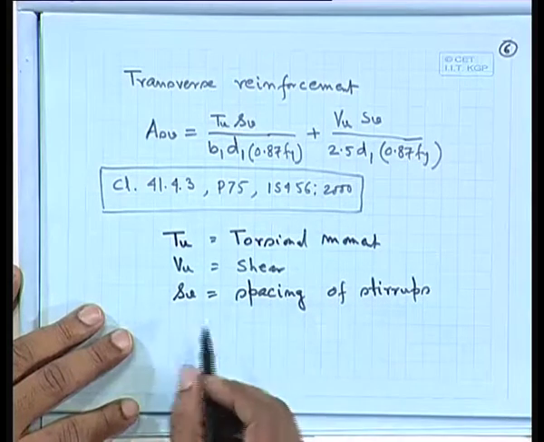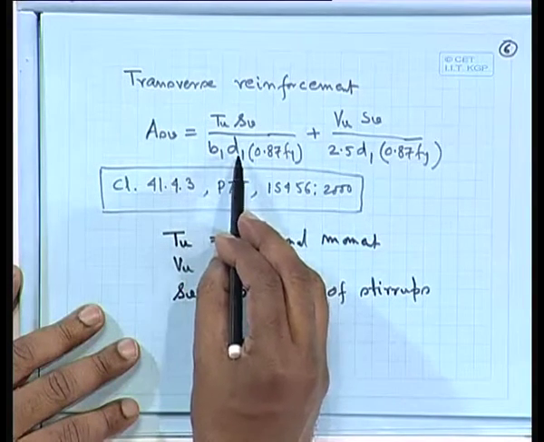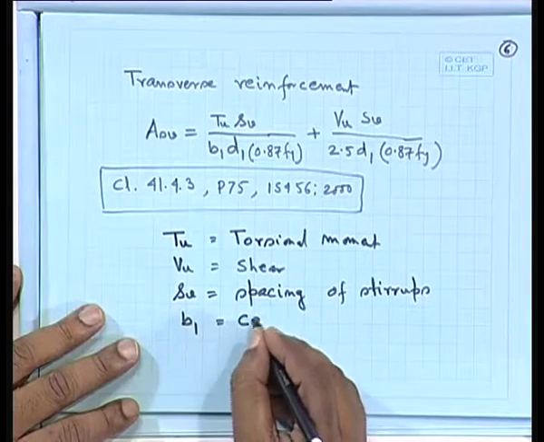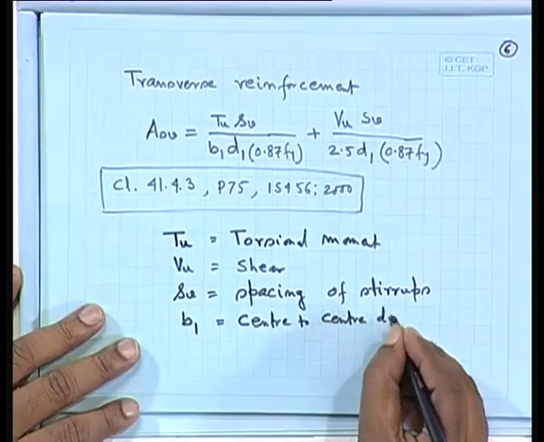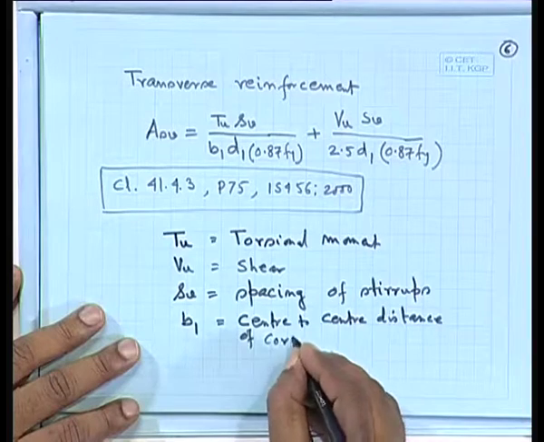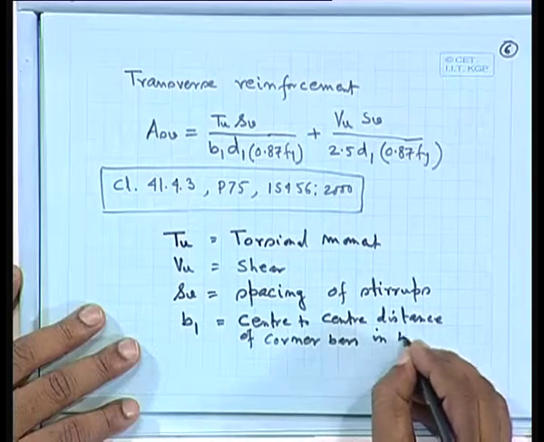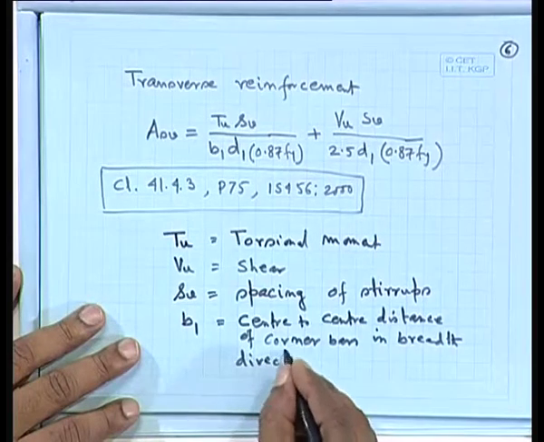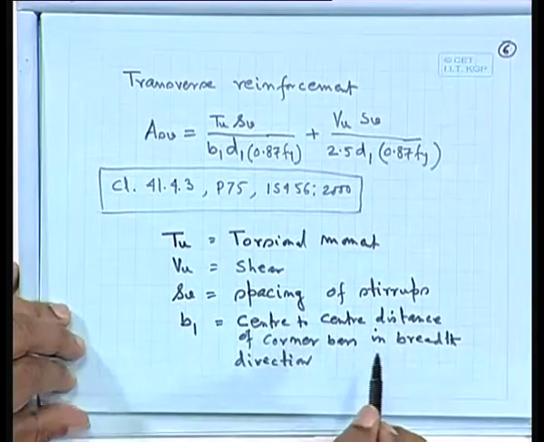So we have to provide stirrups at spacing Sv, and this b1 and d1. b1 is the center to center distance of corner bars in the breadth direction, please note. Center to center distance of corner bars in the breadth direction.